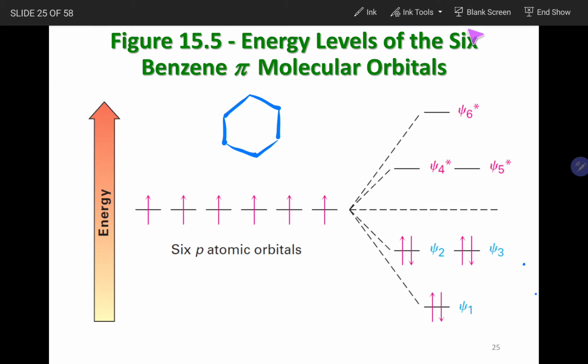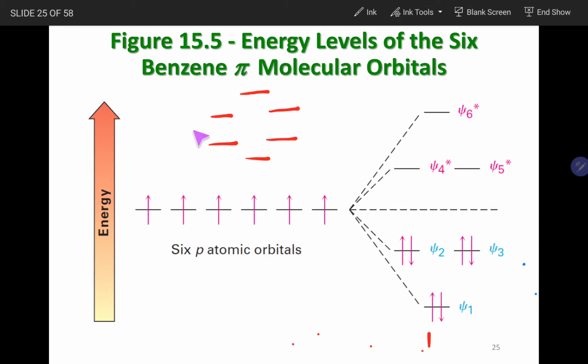And then when you are drawing molecular orbitals or energy levels, this is the first one, second, third, fourth, fifth, sixth. Once you have the molecular orbitals, every carbon will get a molecular orbital, and then you can simply erase the carbon-carbon bonds. So this will be the molecular orbital diagram for benzene.